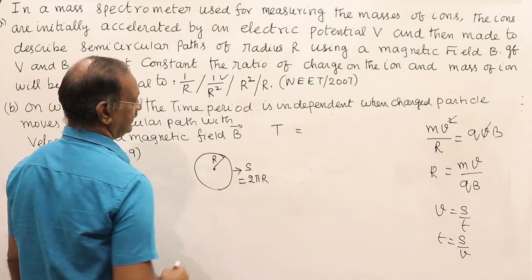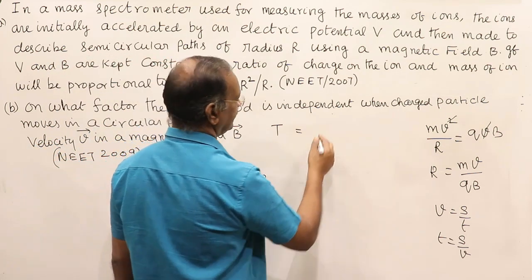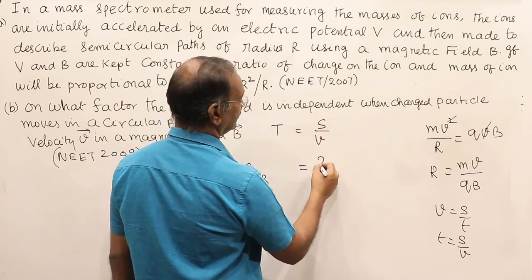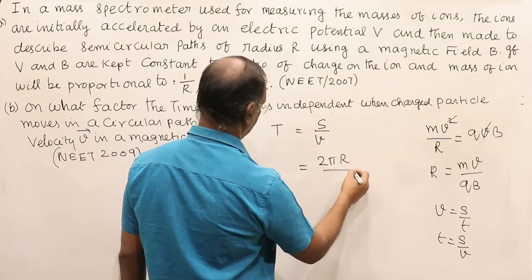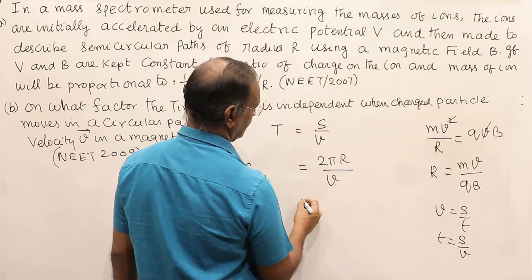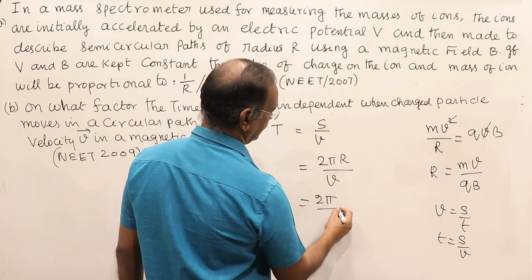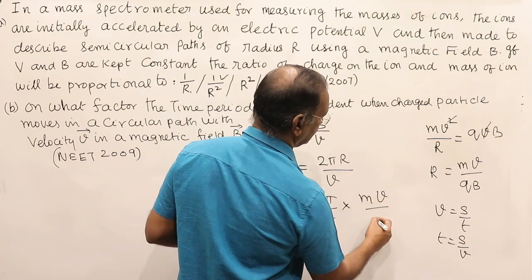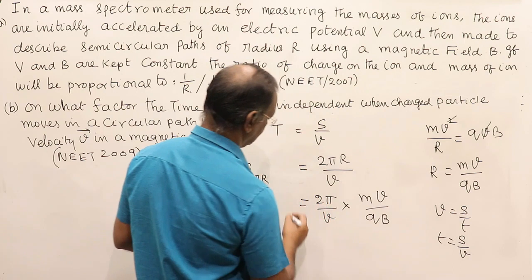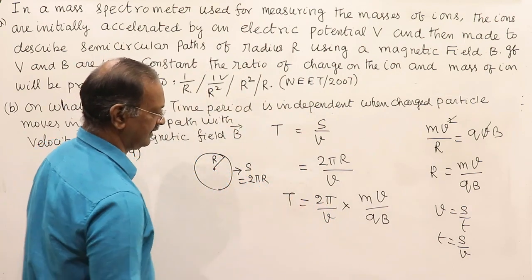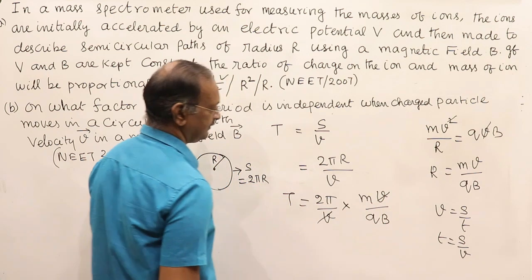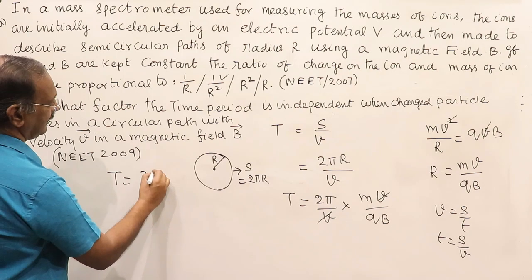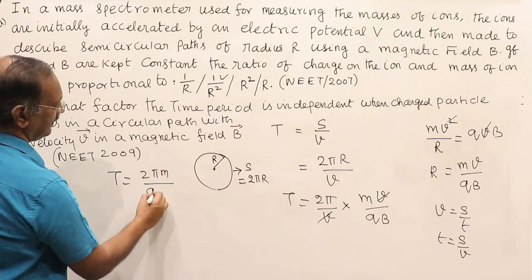So time period is equal to 2 pi r divided by velocity v, which is 2 pi by v into r. R is equal to m into v divided by qb. So we can cancel out the velocity; the velocity factor is not there. Therefore, time period is equal to 2 pi m divided by qb.